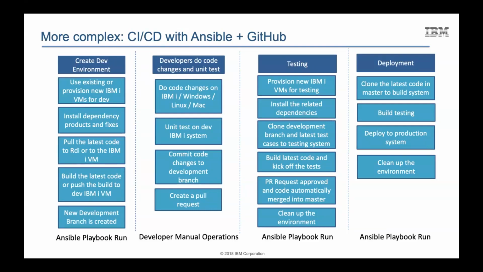Many of your deployment and testing steps can be automated to facilitate your CI/CD process. From this chart, you can see the environment preparation, testing, and deployment can all be automated by Ansible.